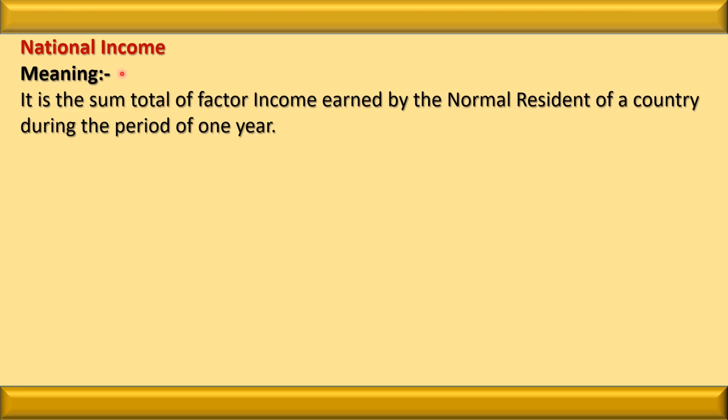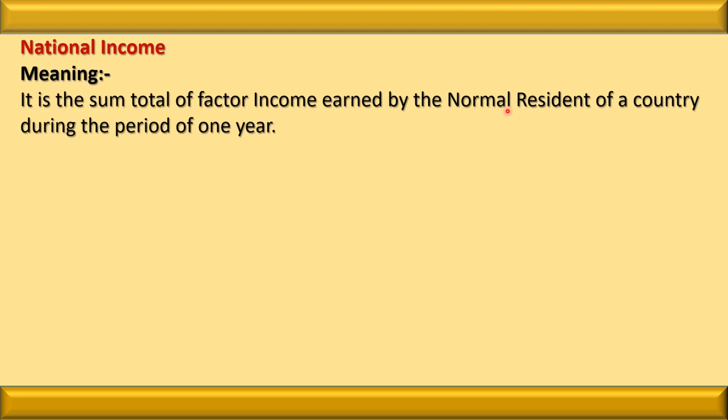So according to the definition, national income is the sum total of the factor income, means the money which a person will get after giving factor services. So it is the sum total of the factor income, money earned by giving factor services, or the monetary value of the factor services, which is being earned by the normal resident of a country during a period of 1 year. The question is, who is the normal resident?